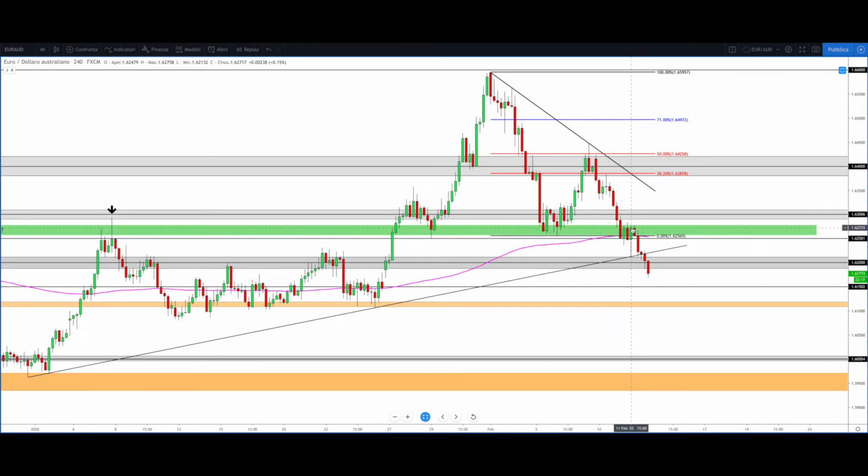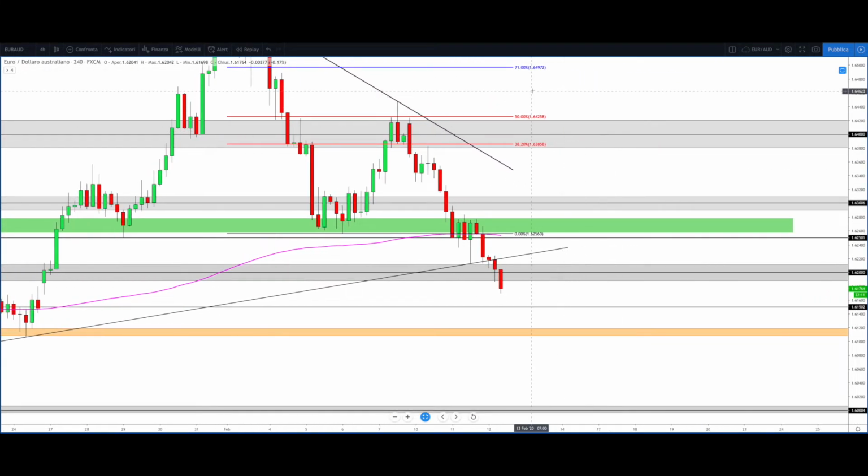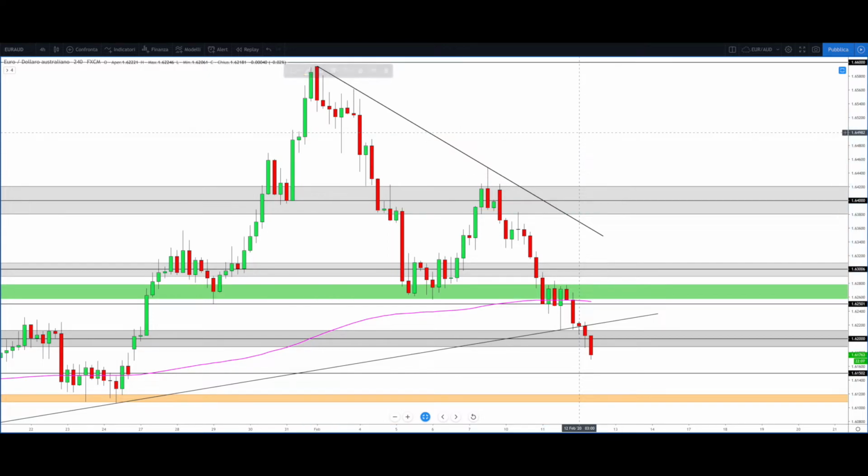And we can see that yesterday the price give us a huge bullish signal, because we can see clearly here that the price has perfectly touched this slowdown area around 1.62 and this bullish trend line, and has formed a big bullish candle here, hammer candle bullish engulfing, so huge bullish signal, but was only a fake signal, and the price during the night start another bearish movement that this morning bring it to break this trend line, and this was already a massive bearish signal.